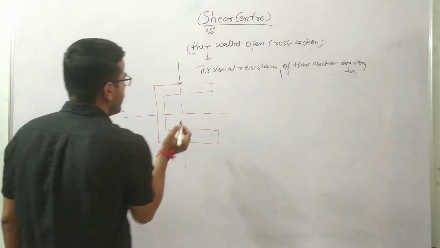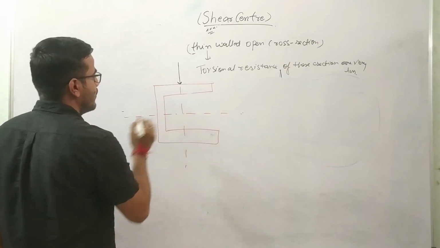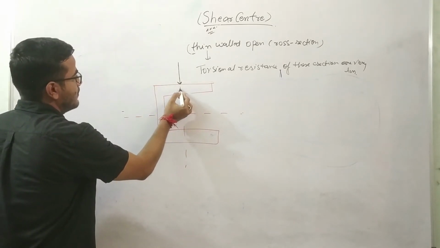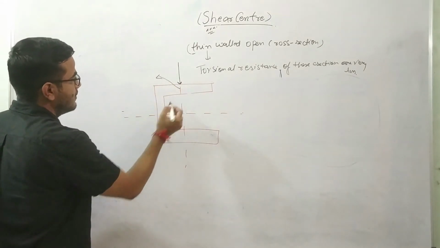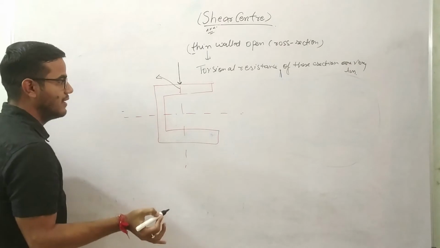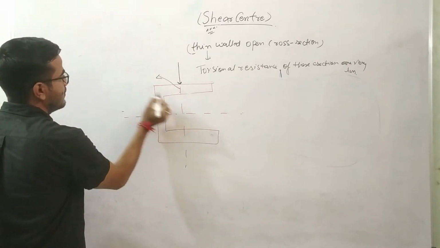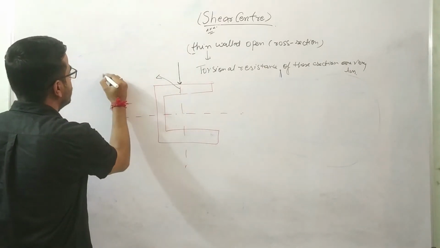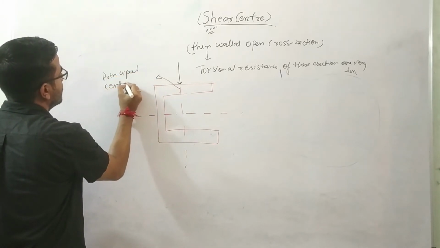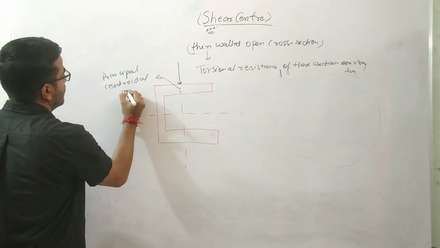In this type of structure, the section is unsymmetrical about this axis, but this is a principal centroidal axis.